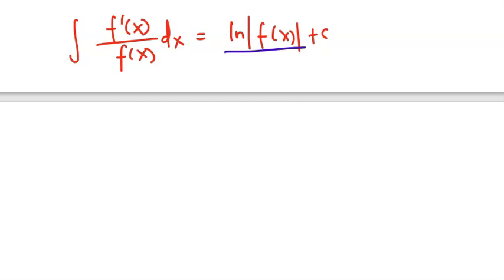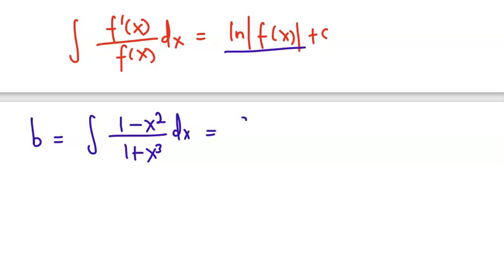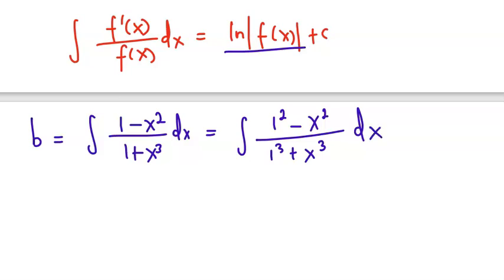So our B is equal to the integral of 1 minus x squared divided by 1 plus x cubed dx. So this will be equal to the integral of 1 squared minus x squared divided by 1 cubed plus x cubed dx. Notice that the numerator is the difference of two squares, and the denominator is the sum of two cubes.